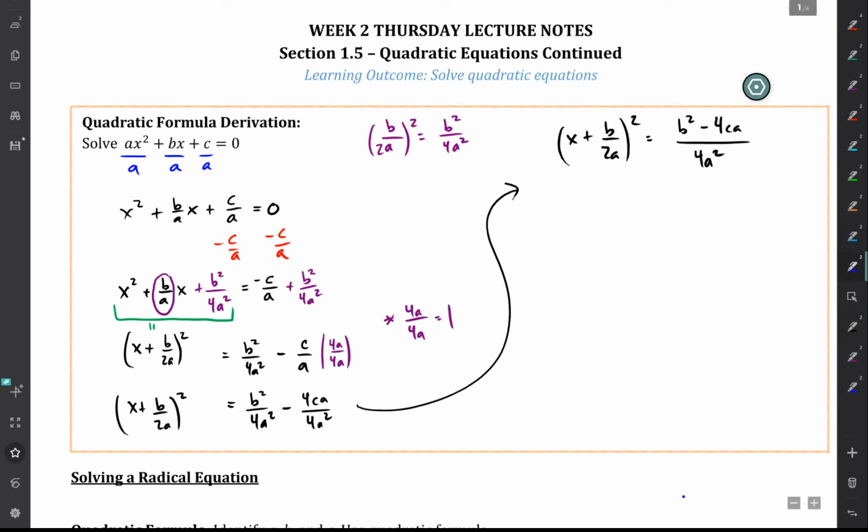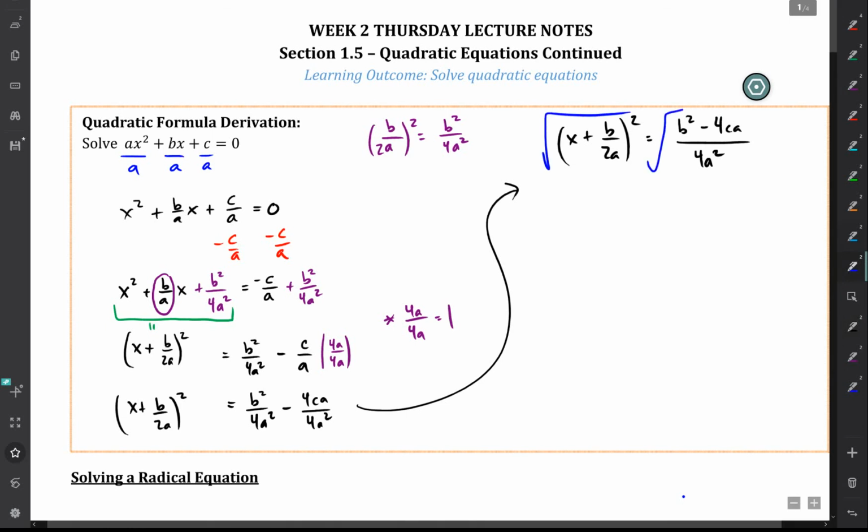Okay, now I'm going to take the square root. And when you do that, you get x plus b over 2a equals plus or minus the square root of b squared minus 4ac, all over 4a squared.